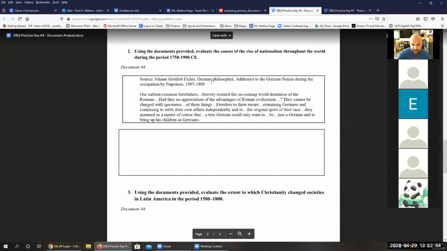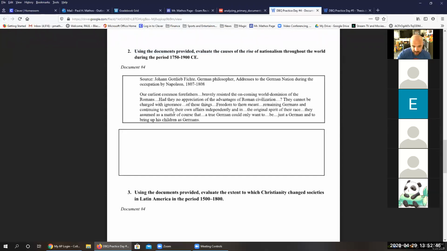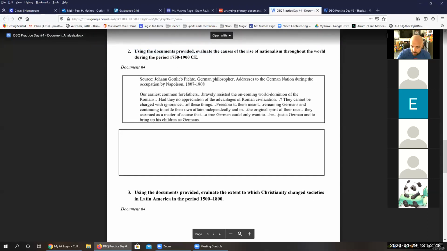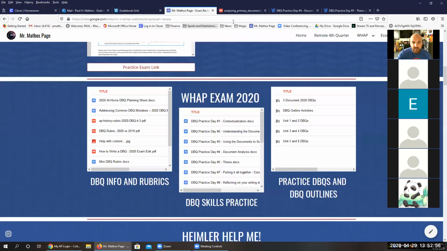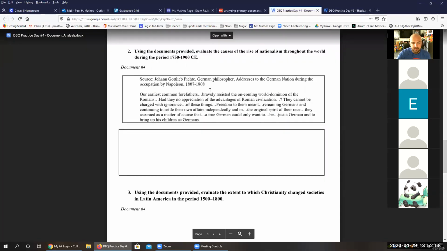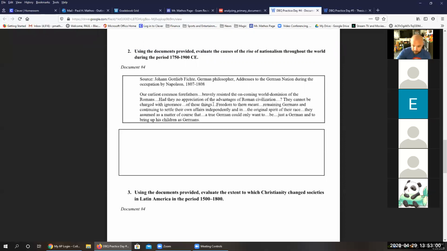Here's the source. Again, the source is what you are examining here, not as much what they're doing here, but the source. Use HIP, choose one of them to analyze this document. Then start typing your responses in the group chat, or you can say them to me or write them on your own and check them later.